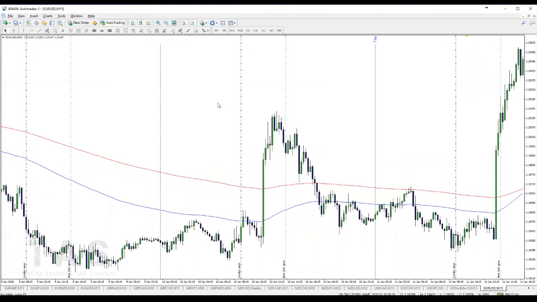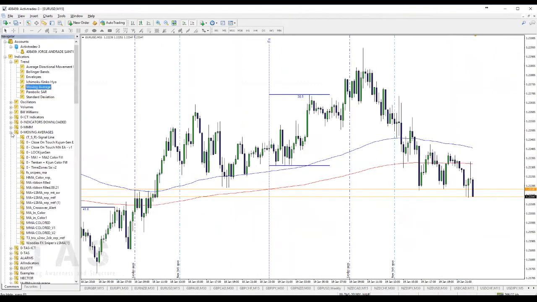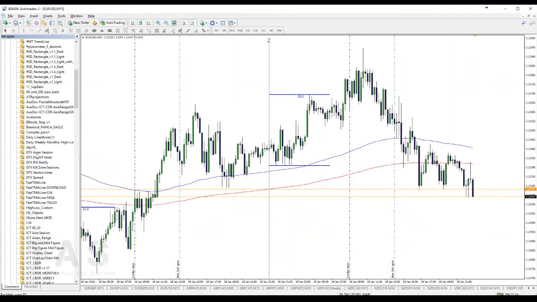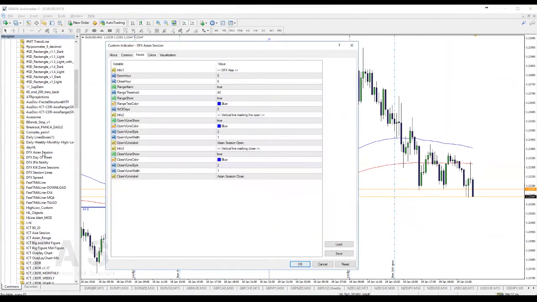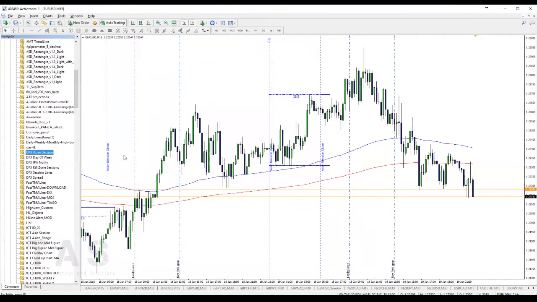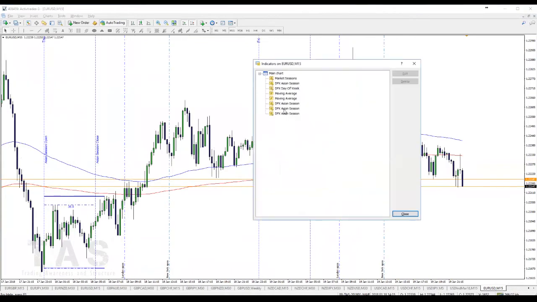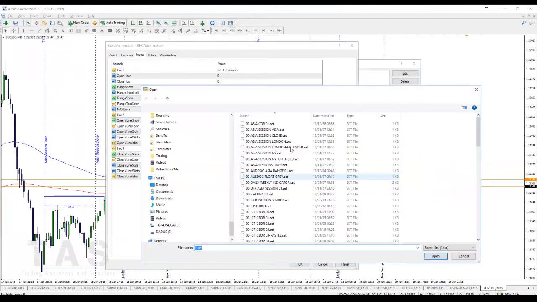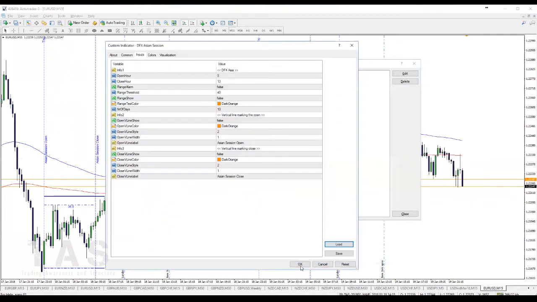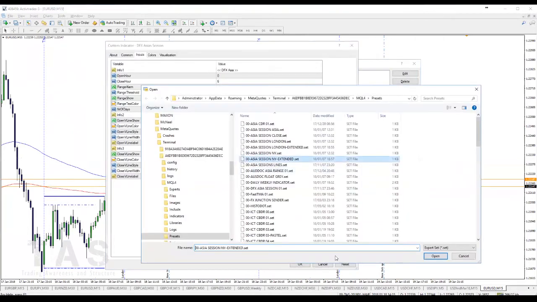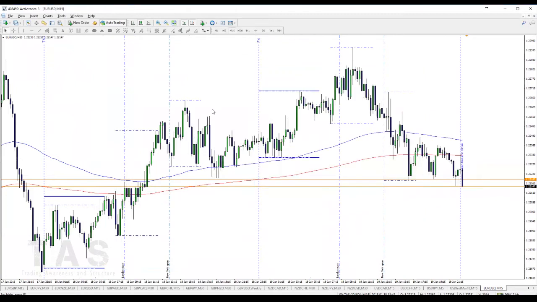Let me put something here, and let's change the colors.